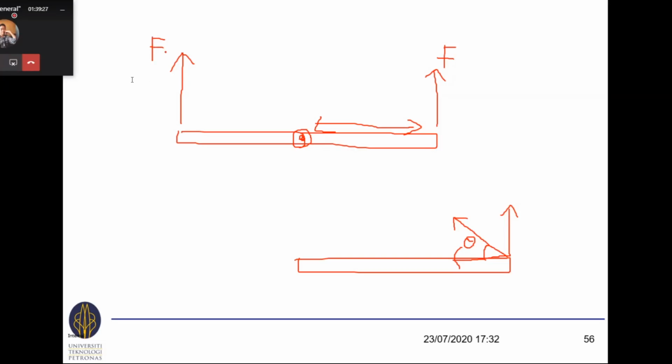This is F1 and F2, this is R1, this is R2. If your pivot is right in the middle, R1 equals R2. If your force is also F1 equals F2, then your net torque equals 0.